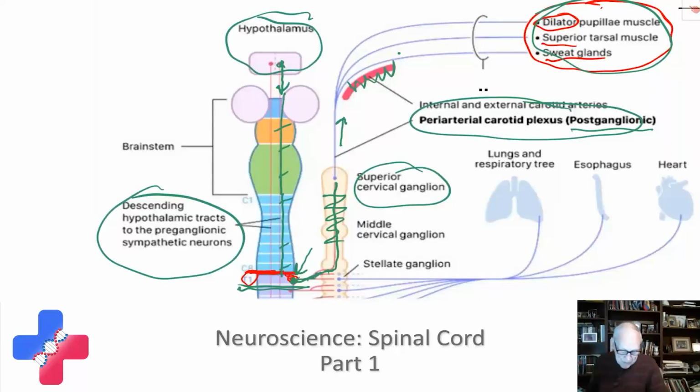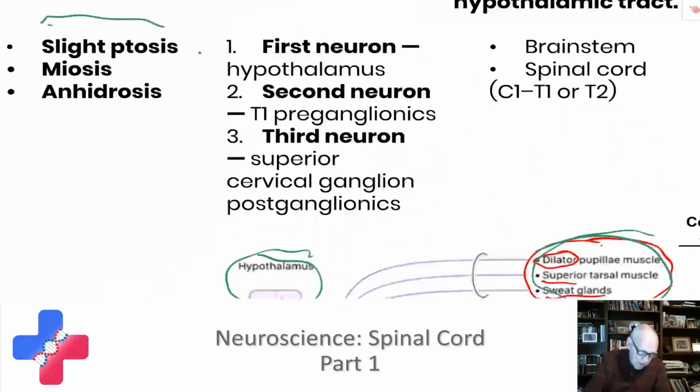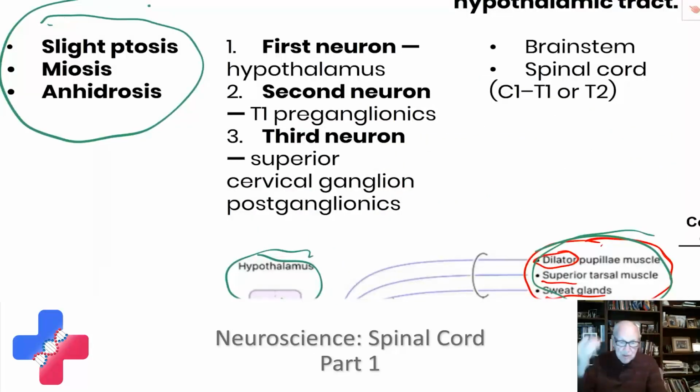Now you remember Horner syndrome, if you look at the top of these notes, you remember what the clinical presentation is. You're going to have that drooping eyelid. You can't keep it elevated. You're going to have a dry face, anhidrosis. You're going to have a constricted miotic pupil. Those are all markers of Horner syndrome. Now remember this as a neurological rule.